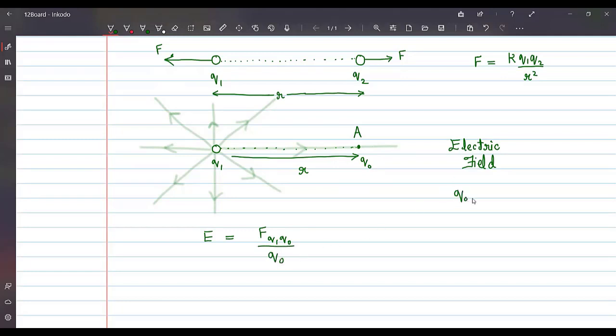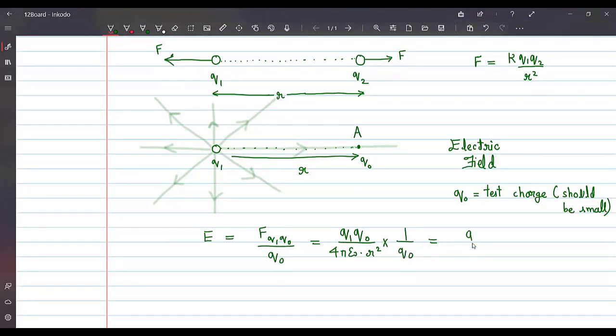I'm calling Q0 a test charge because a test charge should not disturb the original charge, original force, original field. It should be really small. If I apply Coulomb's law here, I get Q1 Q0 by 4 pi epsilon naught r square, divided by Q0.